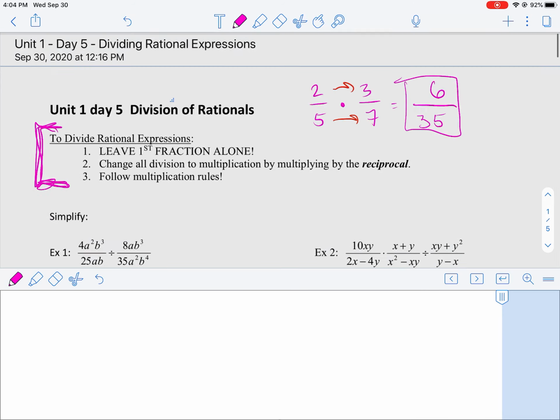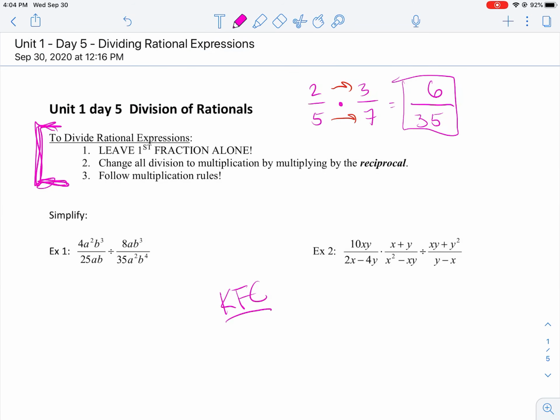Well, let's say we're dividing 2/5, the whole fraction, by 3/7. What KFC stands for is keep, flip, and change. So instead of having to remember those 3 instructions in the beginning, if you can remember KFC, you're doing the same thing.